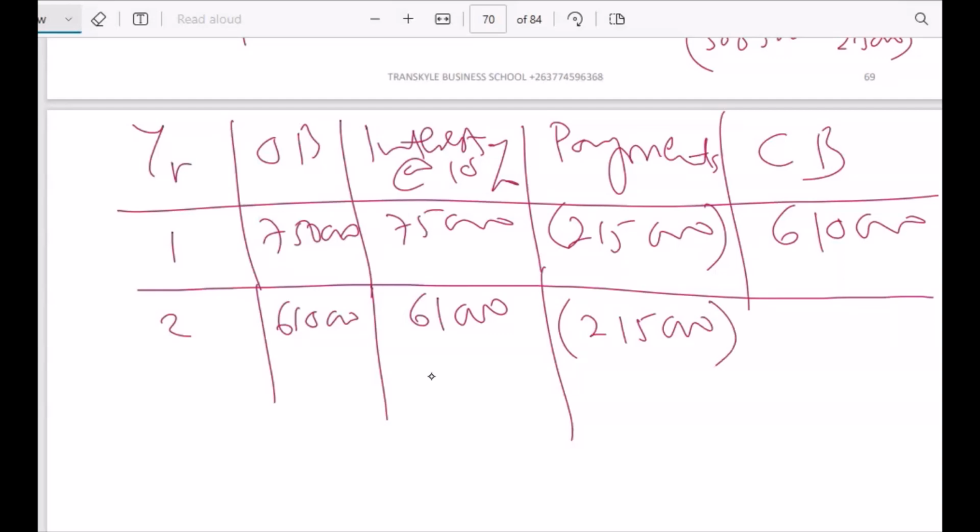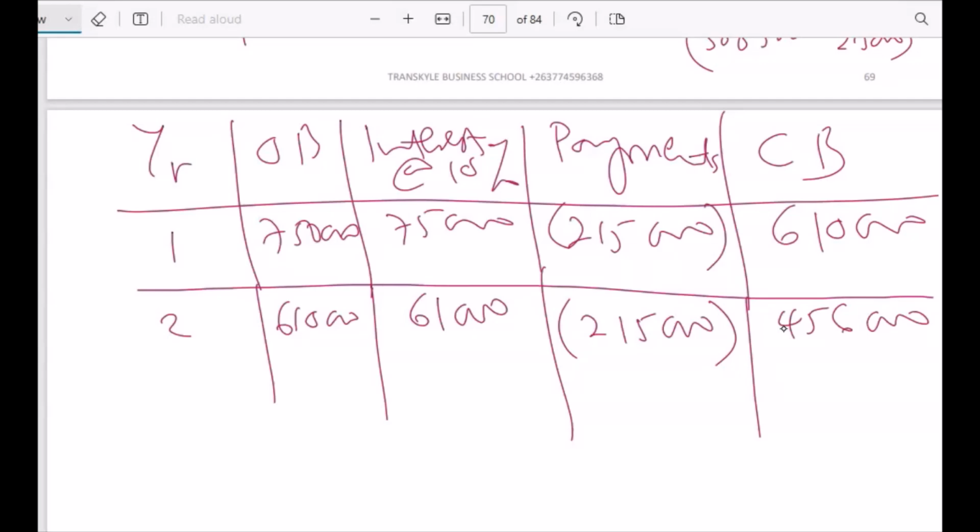So that's 610,000 plus 61,000 minus 215,000, and let me use this calculator. We get 456,000.